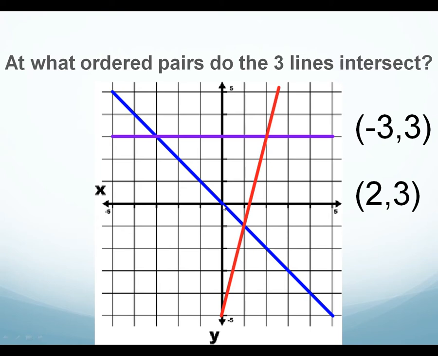You start at the origin, go to the right 2, up 3, so that's the point 2, +3. If I said, look at the blue and the red line, what's the solution to that system of equations? The solution is where they cross. Well, they cross at over 1, down 1, so 1, -1.